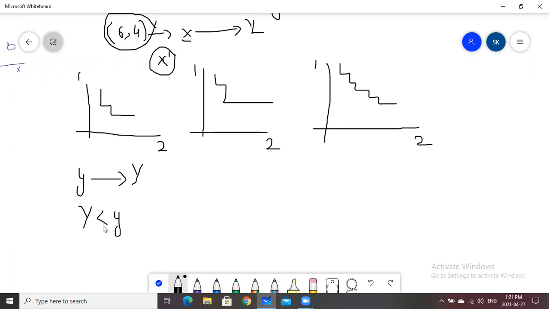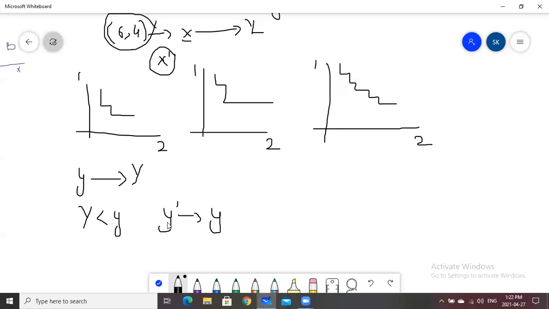Now we have assumed that small y is in capital Y, that is, it is small y due to which this capital Y is produced. Now therefore the output vector, that is small y prime, it should also be in capital Y. Okay, you should be able to differentiate between small y and capital Y.